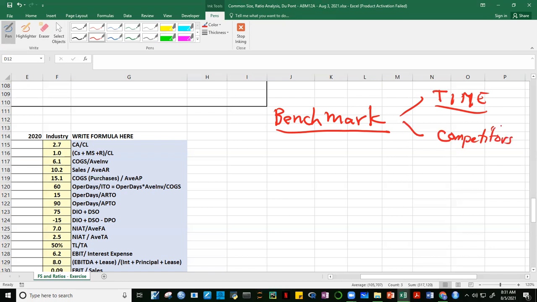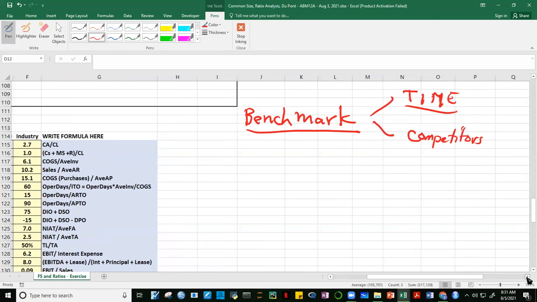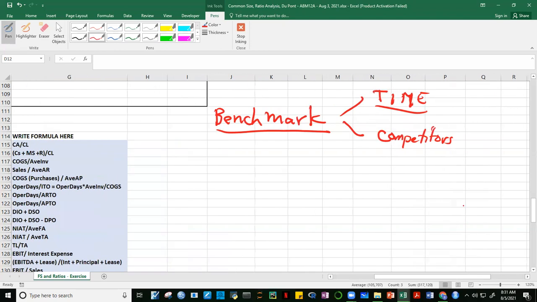That we benchmark against competitors. Tignan natin yung mga best practices ng other companies. Kasi again, guys, companies do not operate in a vacuum. We don't look at what others are doing, no?